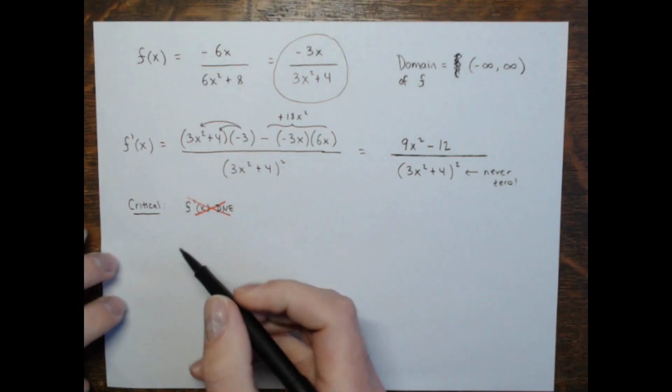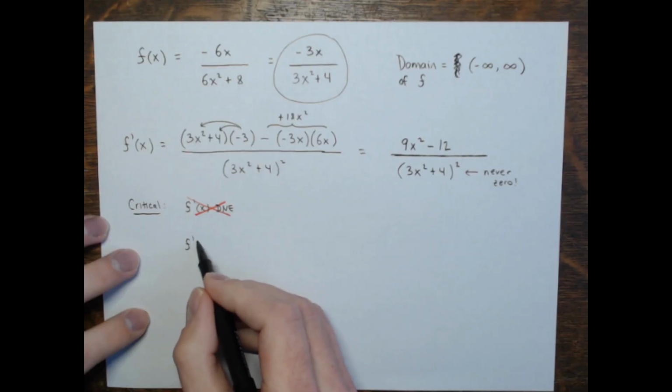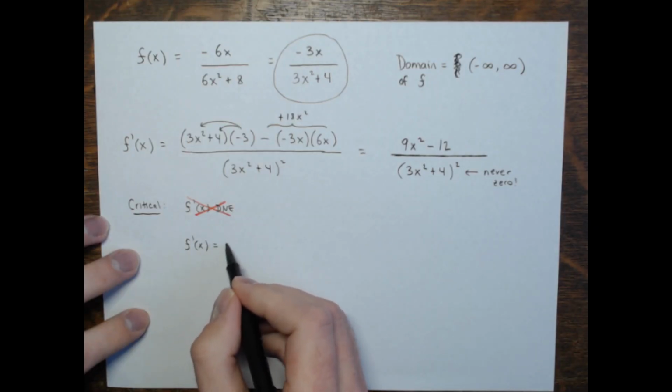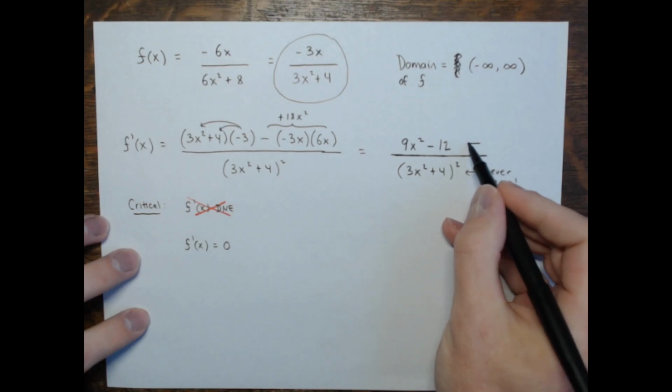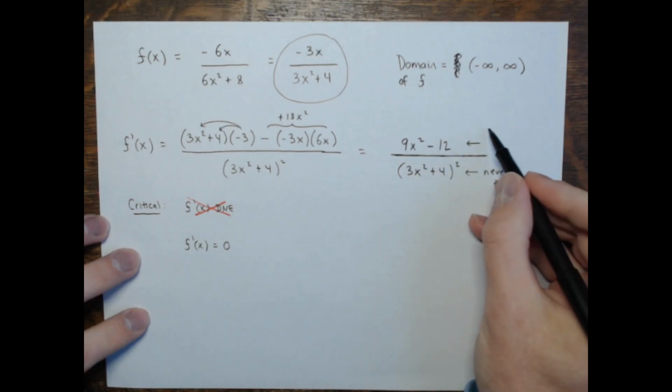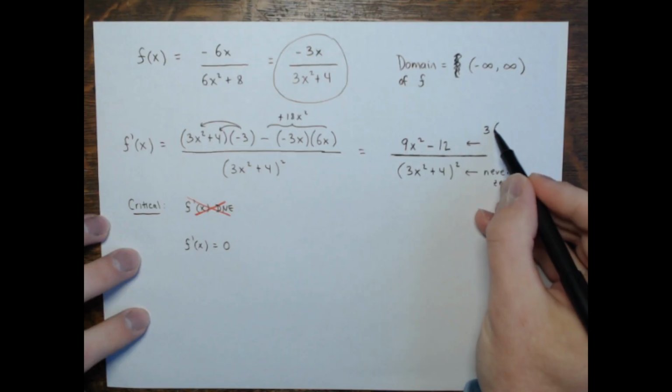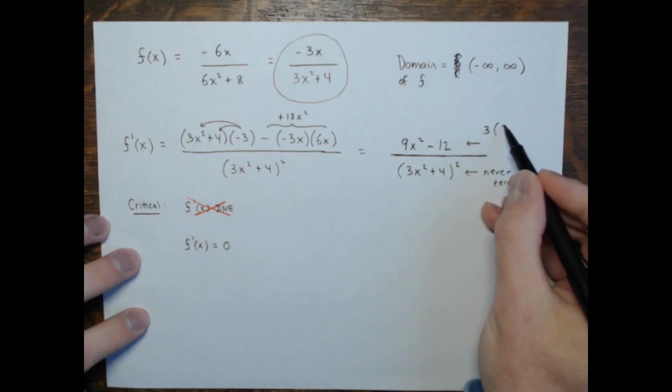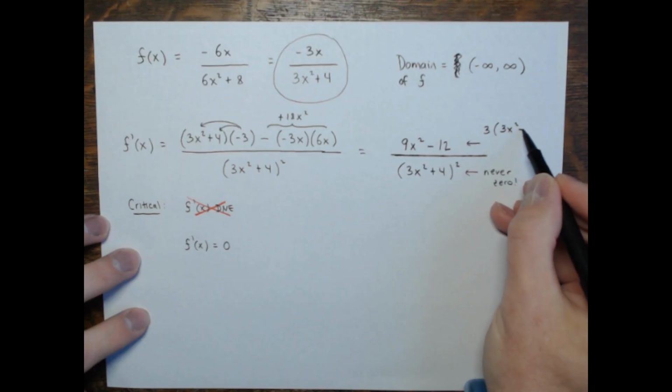So now we've got to focus on where the derivative is equal to 0. And if you look at the numerator, you could factor that pretty nicely. Pull a 3 out, then you'd have 3x squared minus 4.